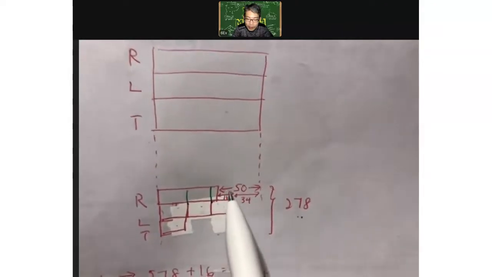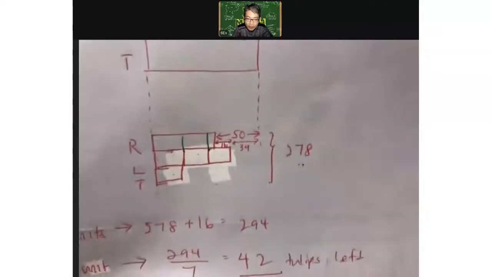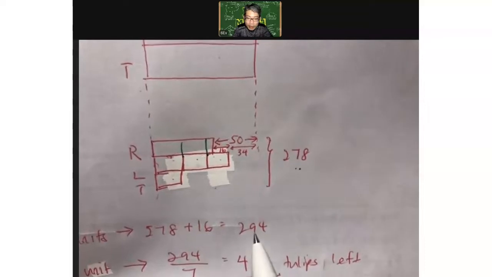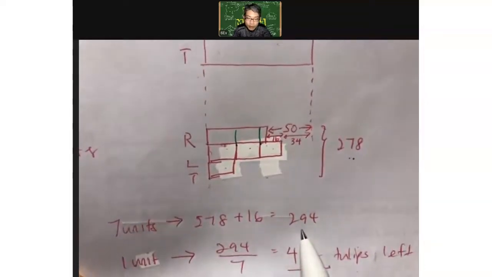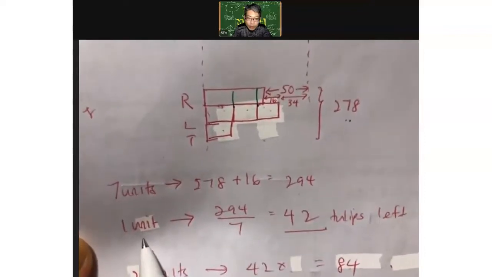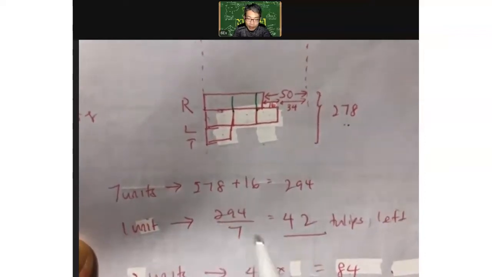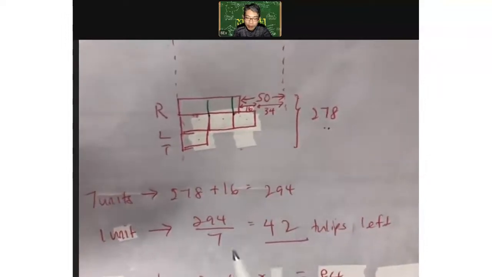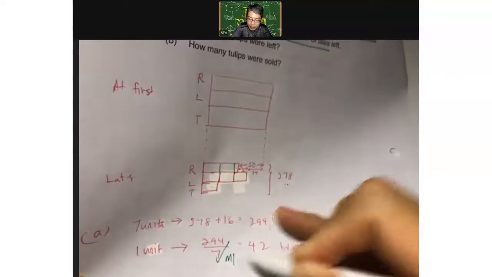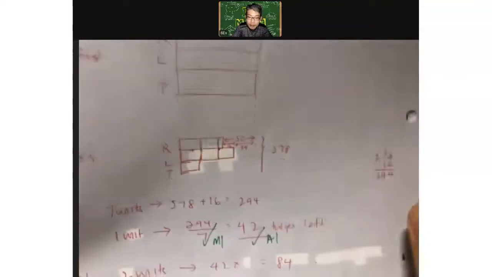I plus 16 to this. I'll get my 7th unit, right? So 7 units will be equivalent to 294. I can find out what is 1 unit. I divide by 7, I have 42. And so to find how many tulips were left, tulips is equivalent to 1 unit. So my first step is very simple. I just divide and get this. This will be my method mark, answer mark.